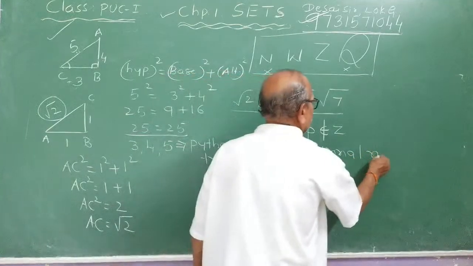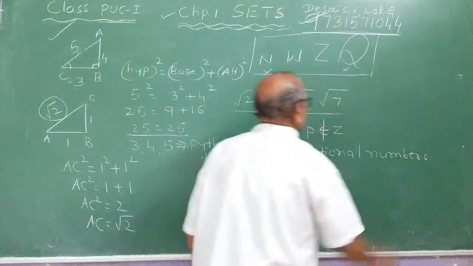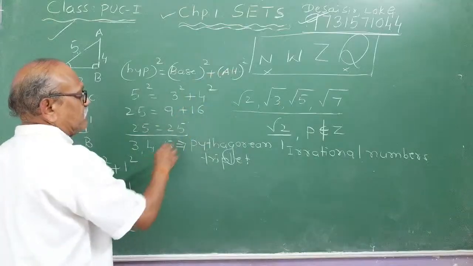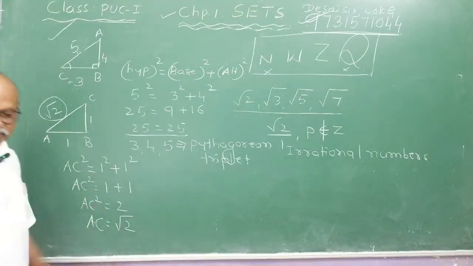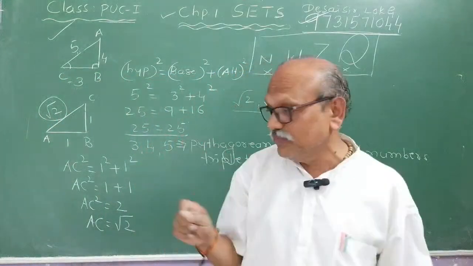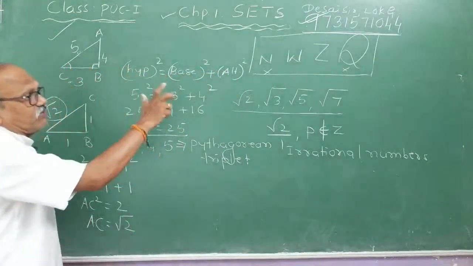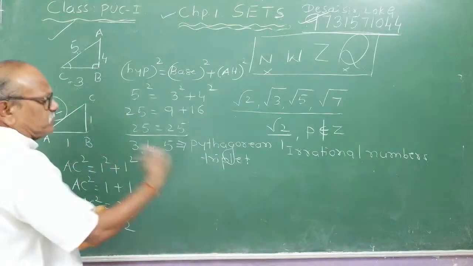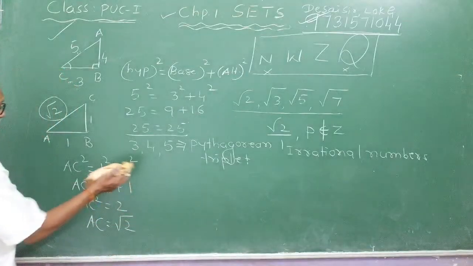So, try to understand set theory, particularly with respect to the number system. Up to 10th standard the concept of sets was not introduced to you; it is introduced from the first PU. Therefore, you are learning them as number sets here.